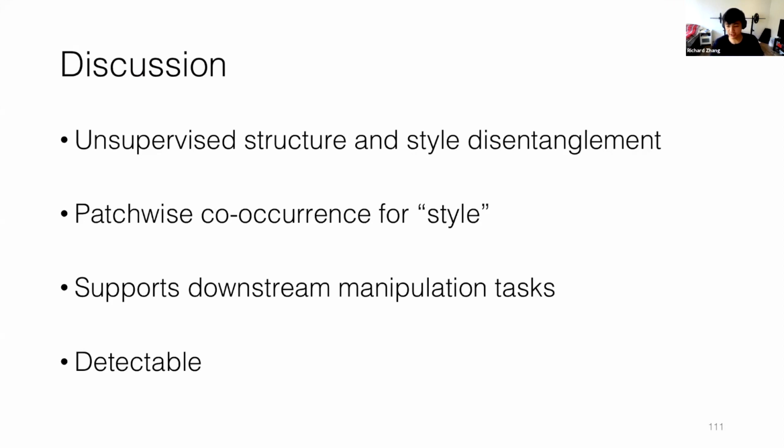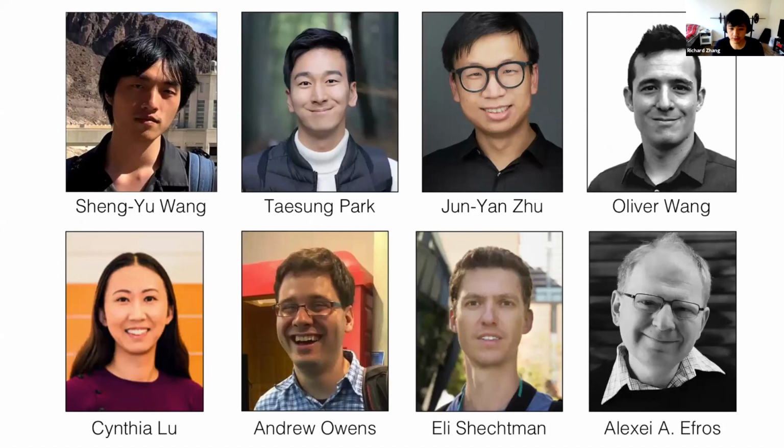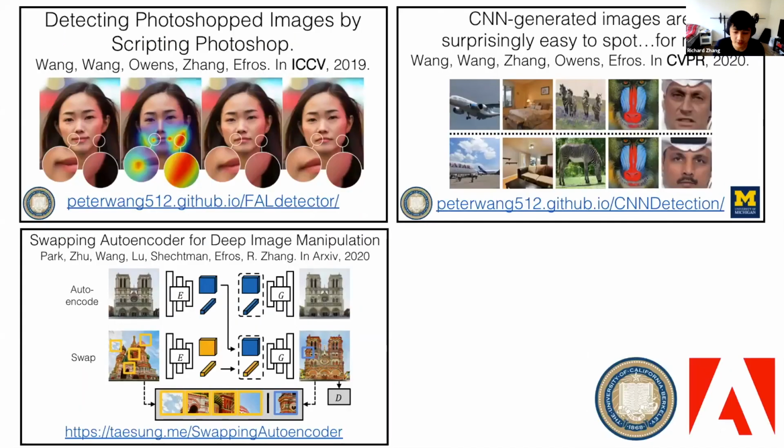So we did this project way after Shengyu did the synthesis project, but we ran that classifier and got 95% AP. So it's kind of interesting to note that that result continually holds as we develop new methods. Okay, here are my co-authors. I'd like to point out especially Shengyu and Taesung, who are the first authors on these papers that we talked about. Okay, thank you very much.